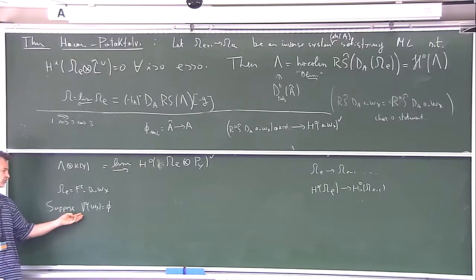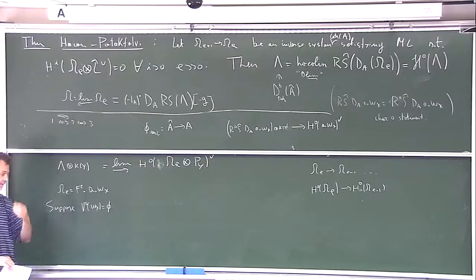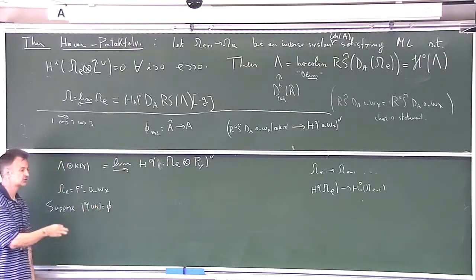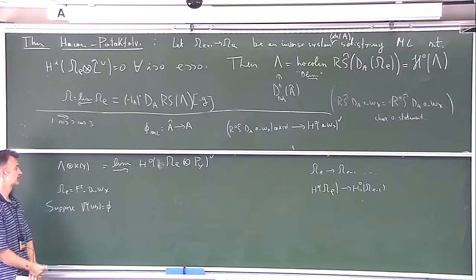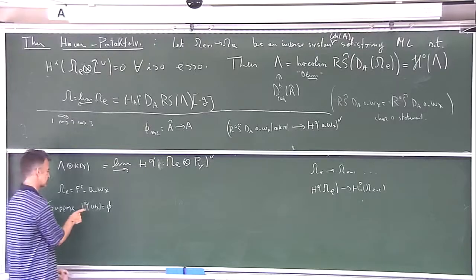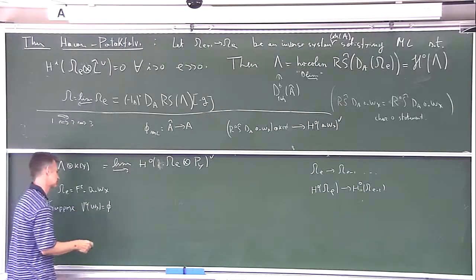From characteristic 0, we're expecting that this should not happen. That was my fancy non-vanishing. So I'd like to see some similar fancy non-vanishing pop up here. So suppose that this is empty. It should tell me that the variety is not of maximum Albanese dimension, for example. So let's assume it's empty and let's see where that takes us.